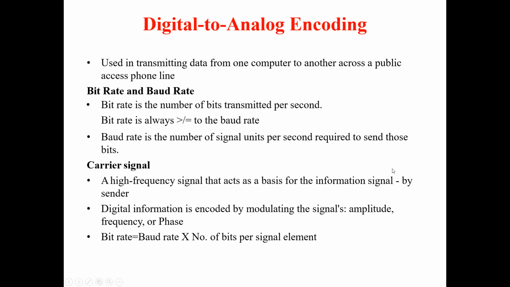So in digital to analog encoding, what we have to do, we have to transfer the digital signal from computers over the telephone line. The computer generates the digital data, but the telephone system is analog.